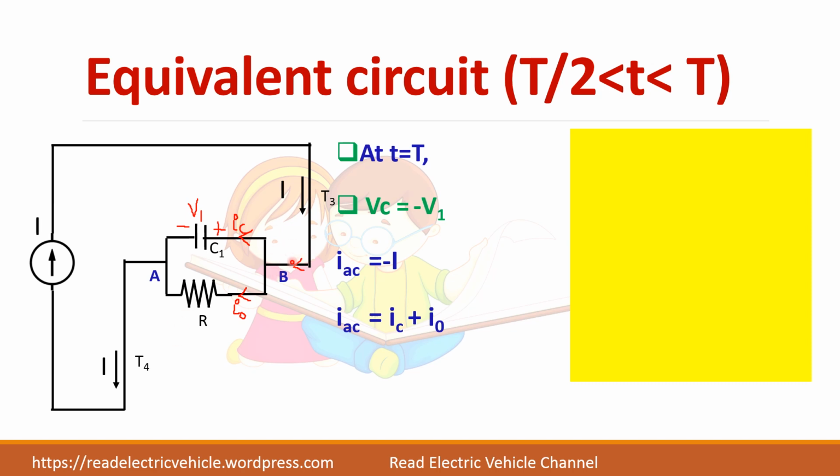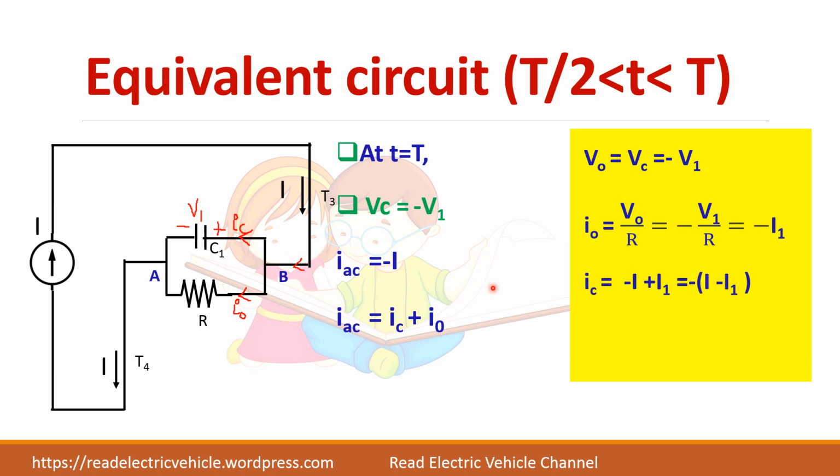Now we will write the KCL equation. IC is equal to, already we have calculated what is I1, so it is minus I1. We will find what is IC and Vin. So Vin is equal to plus V1, because Vin is now connected to point B and you have plus here. So Vin is equal to positive.